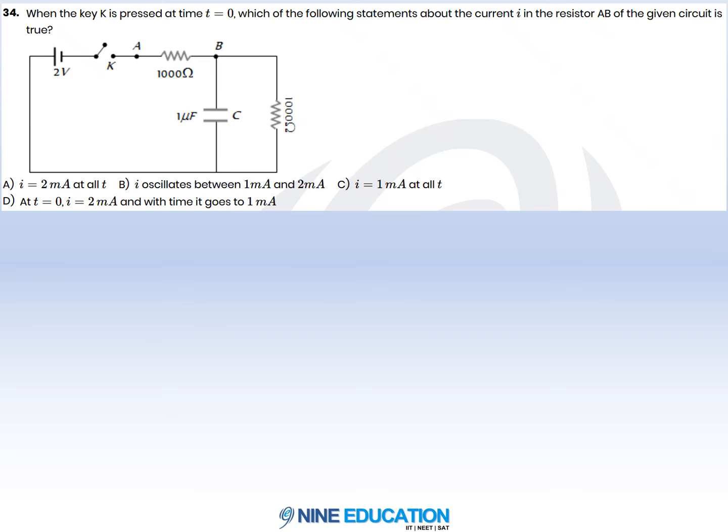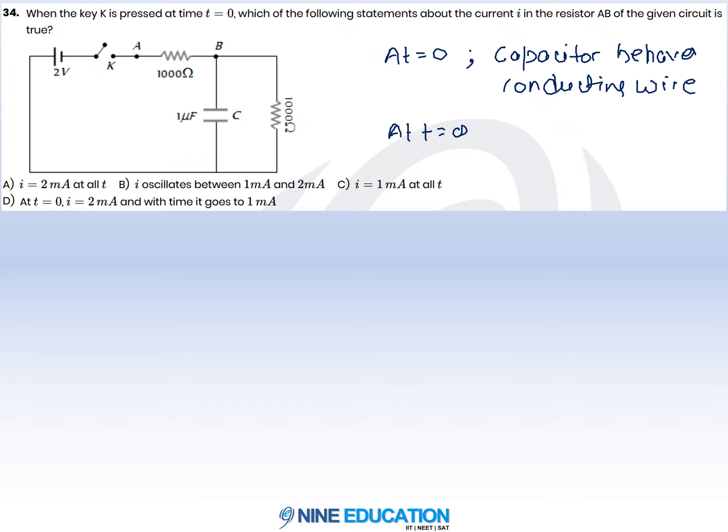In this question, what is given when the key is pressed at t equals 0? The following statement about the current in resistor A. So what you need to remember, for DC supply at t equals 0, the capacitor behaves as a conducting wire, and at t equals infinity it acts as an open circuit.